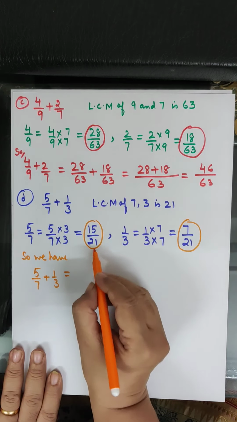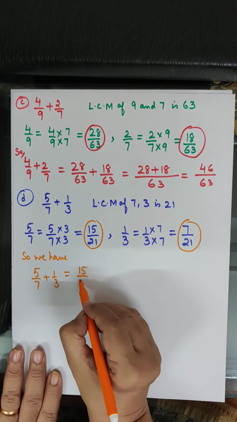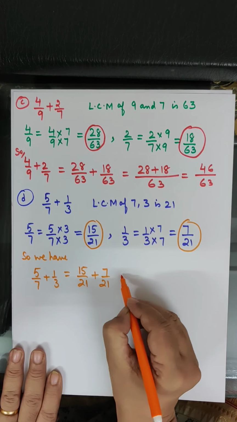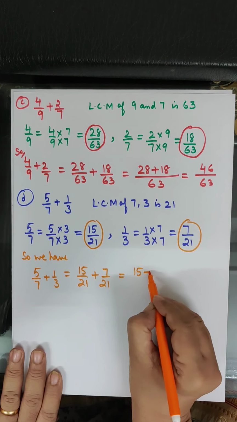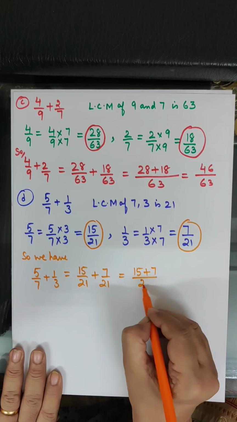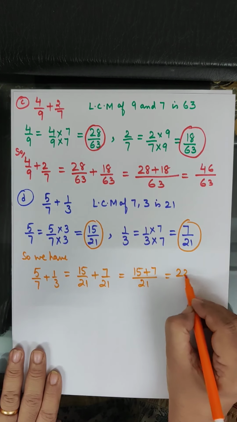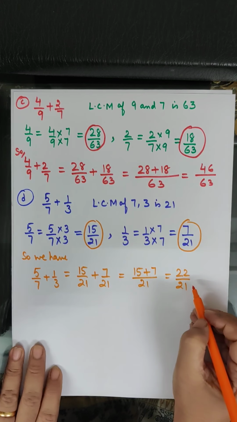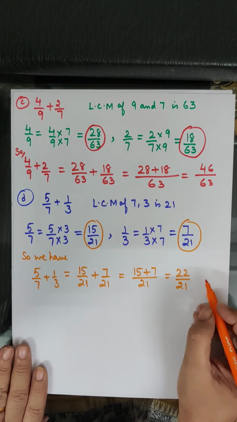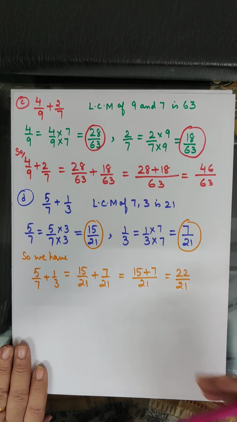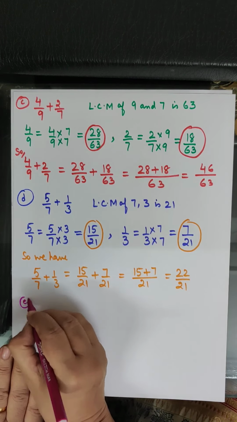This is equal to 15 upon 21 plus 7 upon 21. So further this is equal to 15 plus 7 upon 21. 15 and 7 is 22 upon 21. Is this clear? Right. Now we begin with the E part.